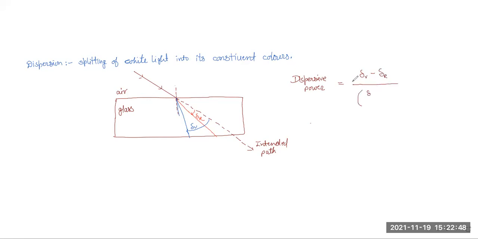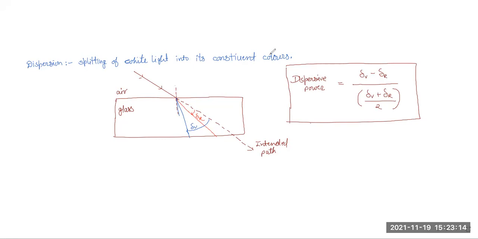And what's the average deviation? We can say that average deviation equals delta V plus delta R divided by 2. This gives us the dispersive power. Sometimes the numerical problems may be based upon these two. So here was one of the points to be discussed.